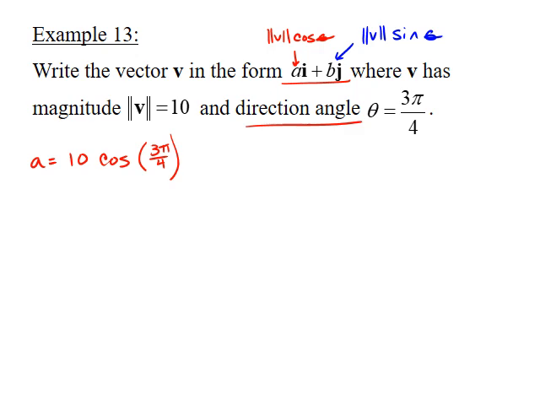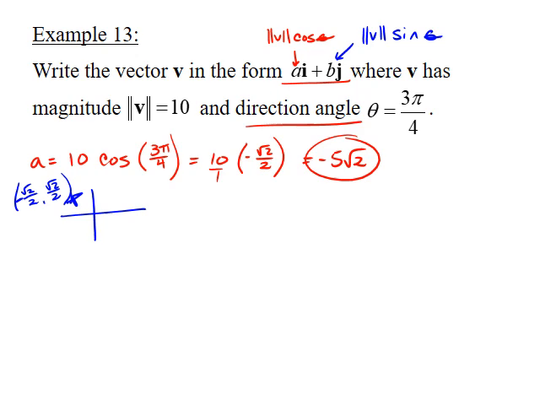So here comes the unit circle again. 3 pi over 4 is almost 4 pi over 4, which means it's in the second quadrant. So we have root 2 over 2, root 2 over 2. In the second quadrant, cosine is negative. So this ends up becoming 10 times negative root 2 over 2. I can put the 10 over 1, multiply across the top, across the bottom to get negative 5 root 2. This is A. Now I'm going to find B. B is the magnitude of vector V, which is 10, times sine, this time, of 3 pi over 4.